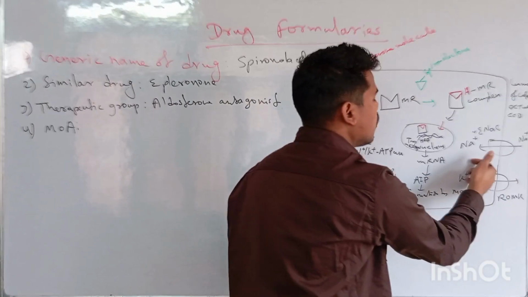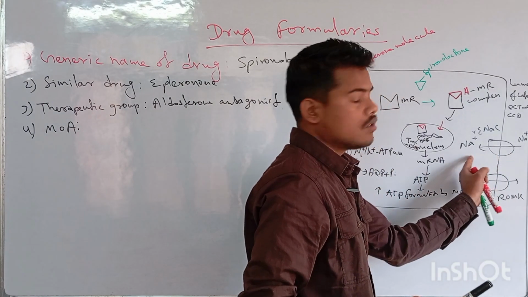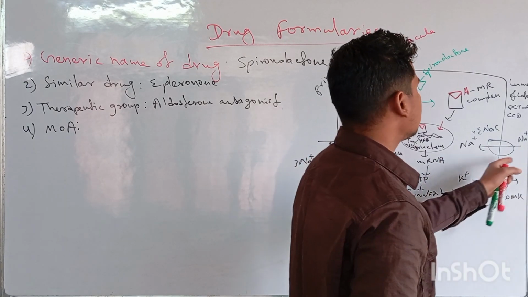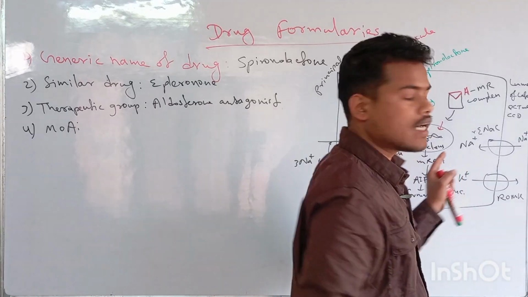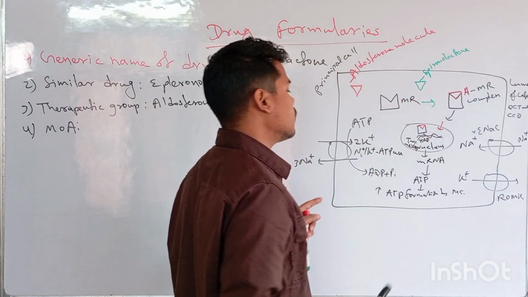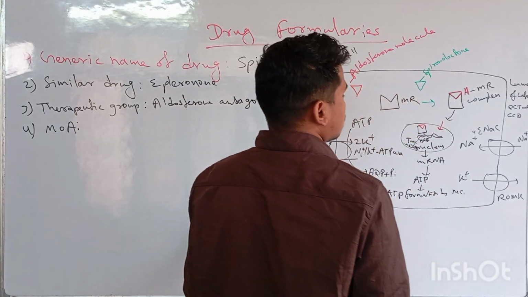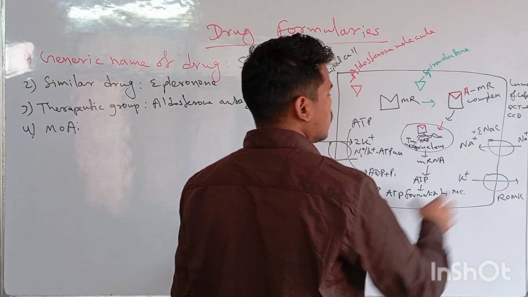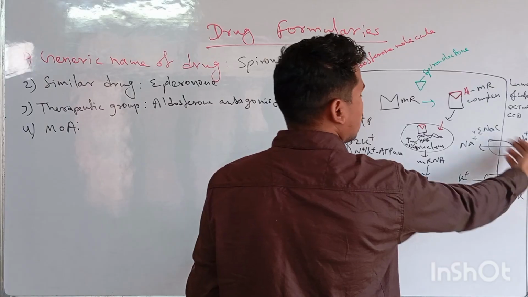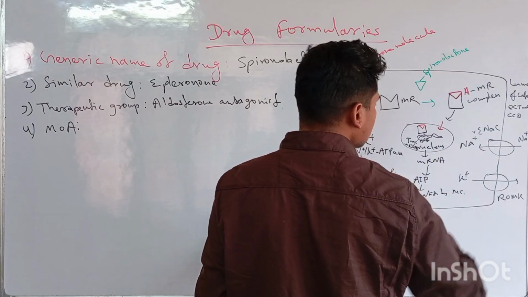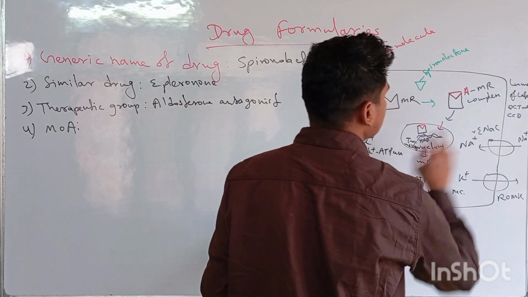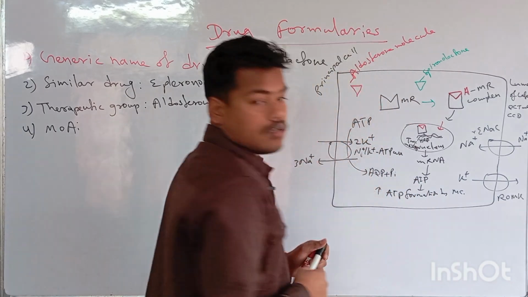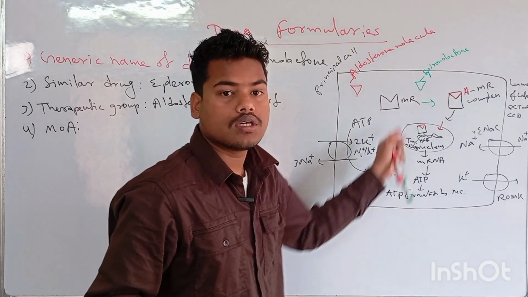So there will be osmosis of water into the cells, the interstitium, and then the blood vessels, retaining sodium and water. Remember, chloride will not be influxed through this sodium channel. So this is the normal mechanism of aldosterone.